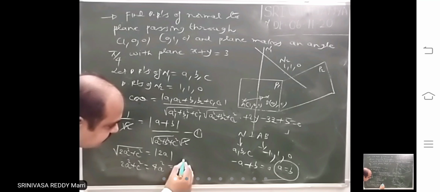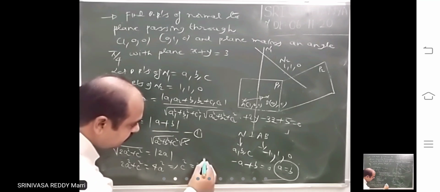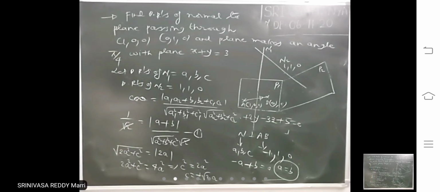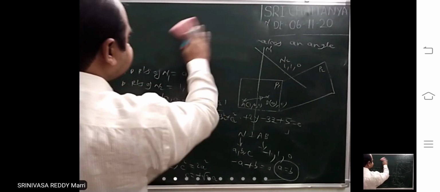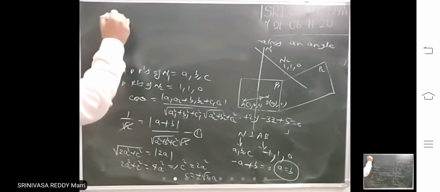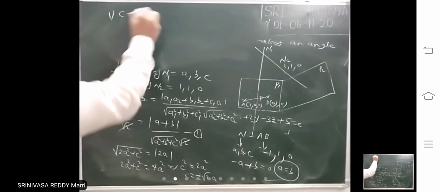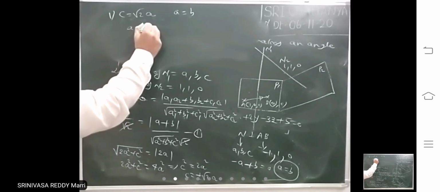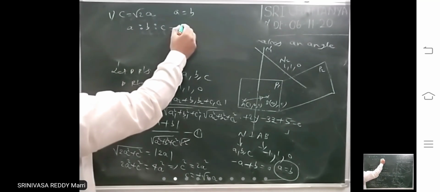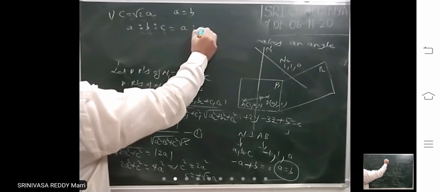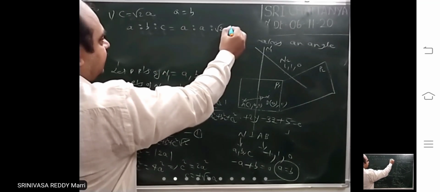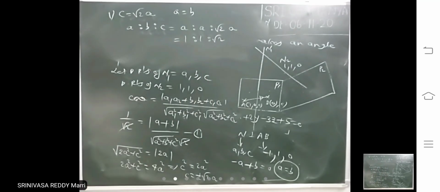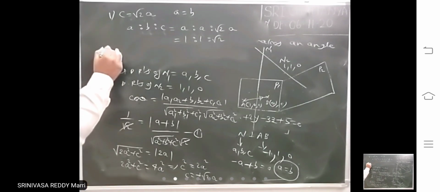That implies C square equals 2A square, so C is plus or minus root 2 A. What you have to find is A is to B is to C. First case, C equal to root 2 A and A equal to B. So A is to B is to C is A, A, root 2 A. That means 1 is to 1 is to root 2. So the DRs are 1, 1, root 2, that is one possibility.